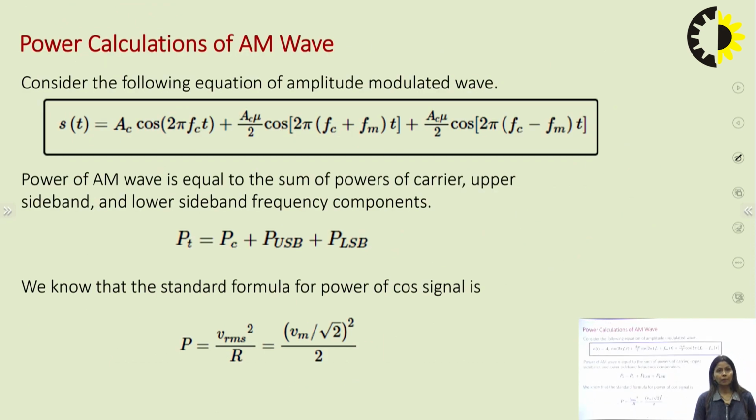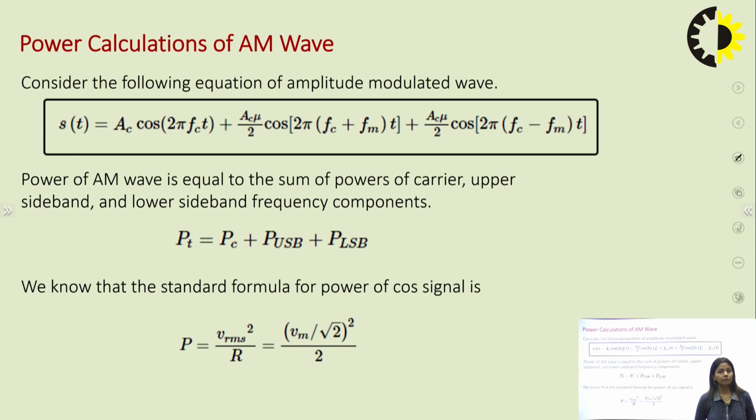Now coming to the power calculations. I have modulated my carrier wave in accordance to the amplitude of my message signal. Now I want to calculate the power contained in the amplitude modulated wave.